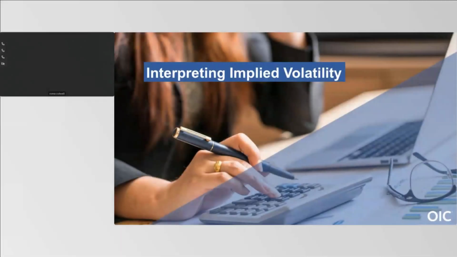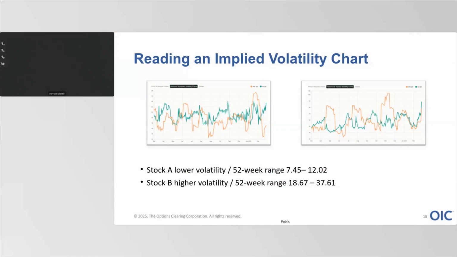So, interpreting implied volatility. This graph right here, I took right off of our website. If you wanted to go and look at our implied volatility charts, I used one. Stock A has a lower volatility.